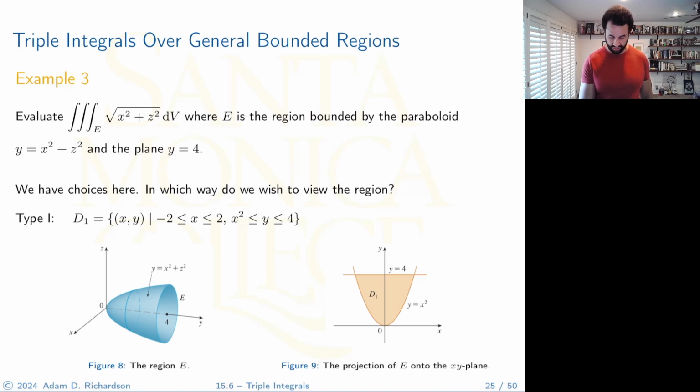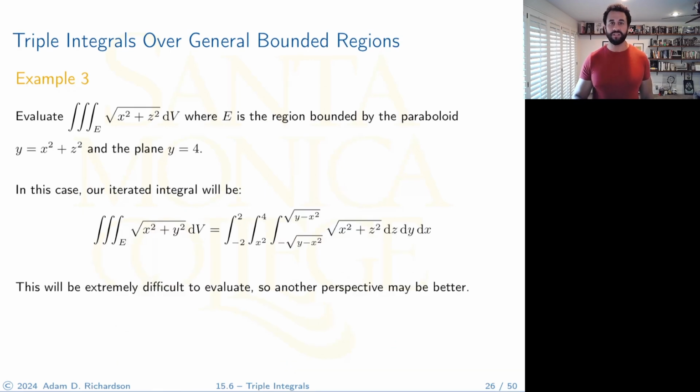You could scan it between these two surfaces, and then you can choose how you want to scan this region here. Maybe you could go from here to here, and then from here to here. If we were to do it that way, this is what our iterated integral would look like. And this is where you should feel a minor twinge, a sense of dread, because you're like, oh my gosh, how am I going to integrate this with respect to z?